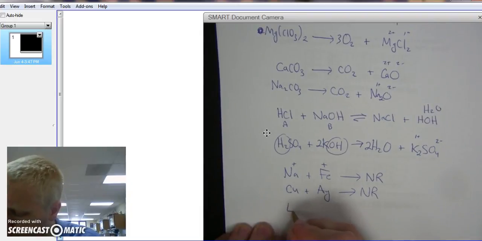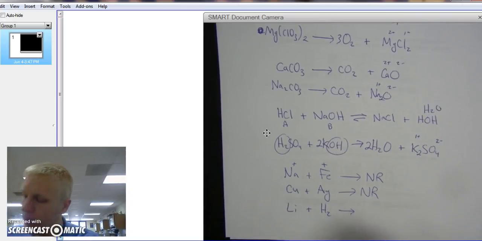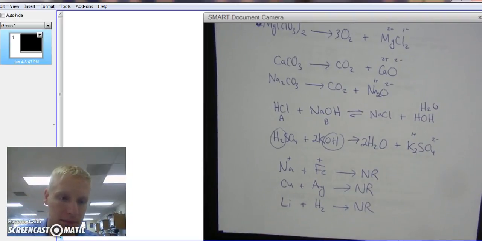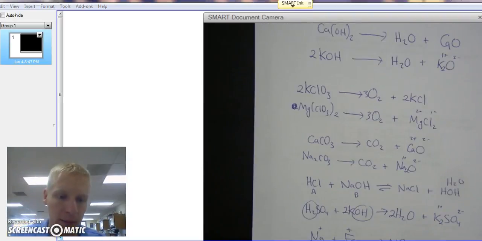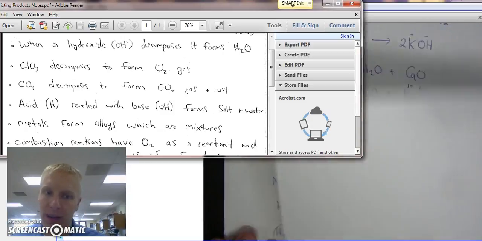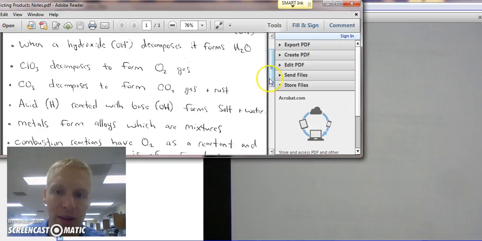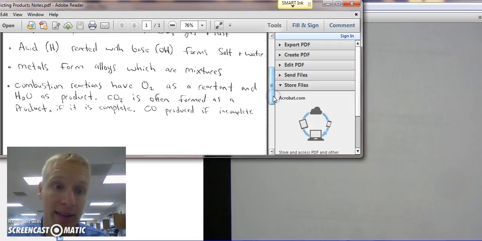How about if you have lithium plus H2? So hydrogen is positive charge, lithium is a positive charge. Again, no reaction. Alright, moving on to another one. We have combustion reactions, and there are two types. There's complete combustion and incomplete, and this is the last one.